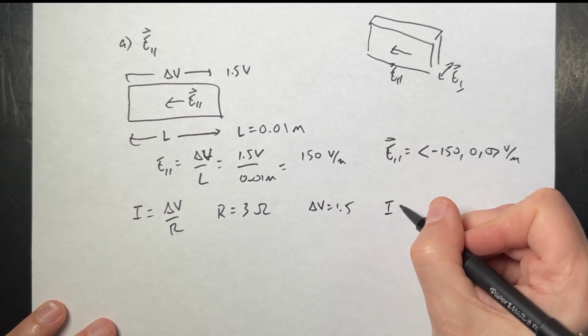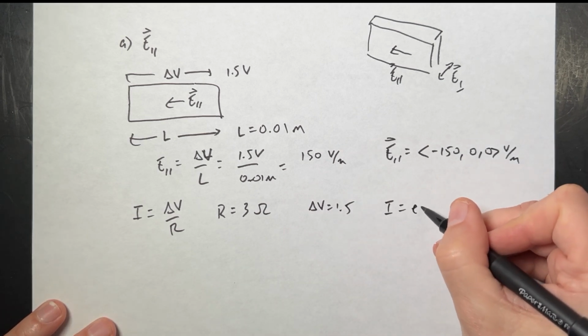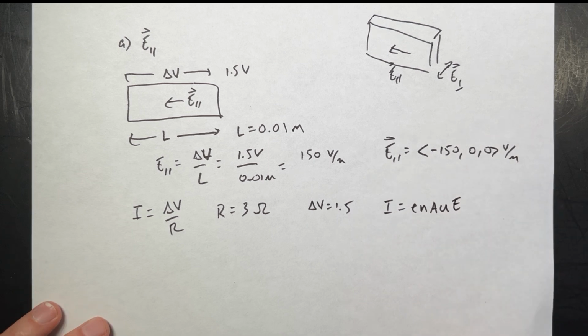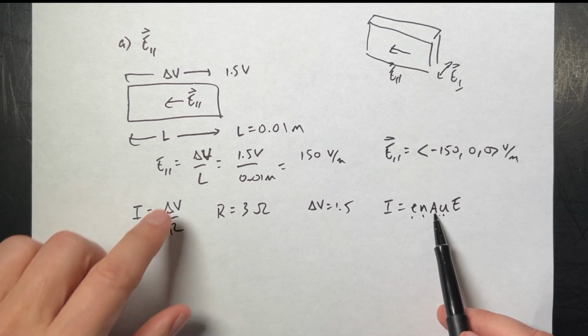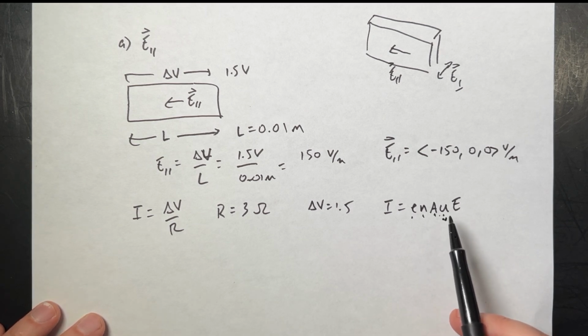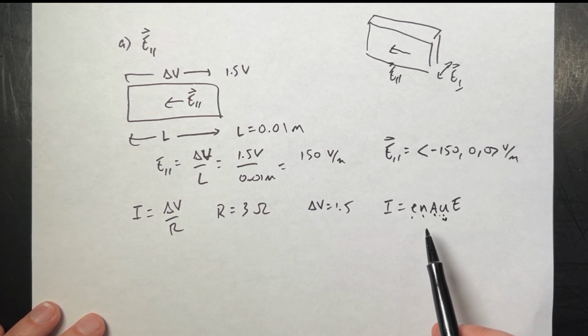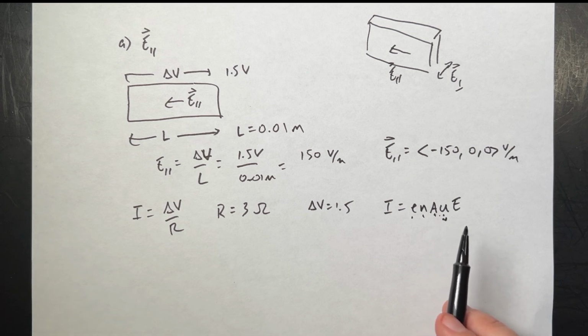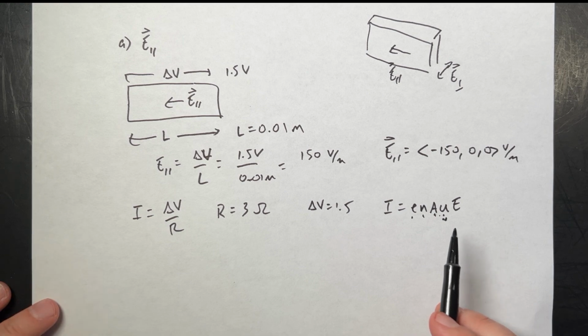And then I can say I is e n A mu E. So now the problem is I don't have the charge carrier density, the area I can get. I know the size, but I don't know this. So let's just leave that off. I never put the electron mobility. I should add that to the problem though. I'll find out the correct value and add that in there. And I'll copy that problem in the description down below.